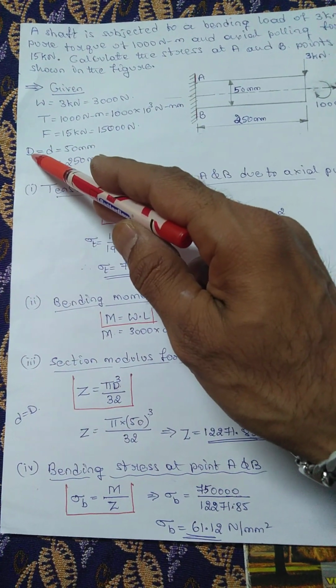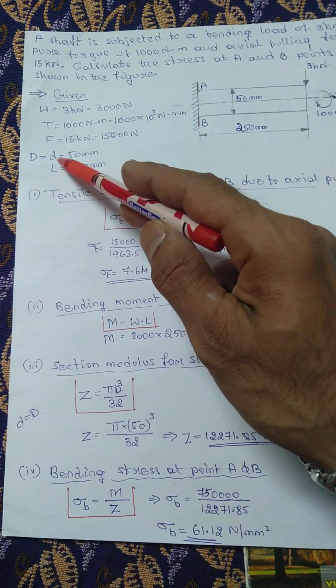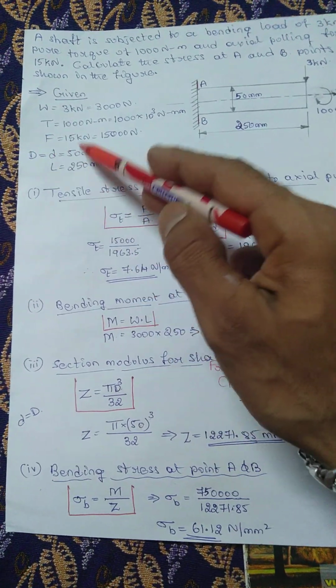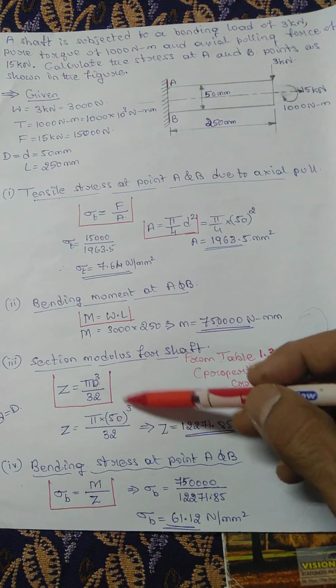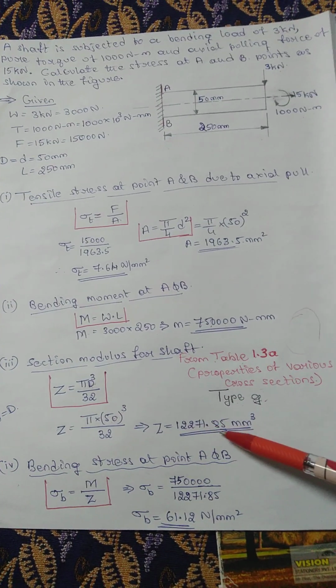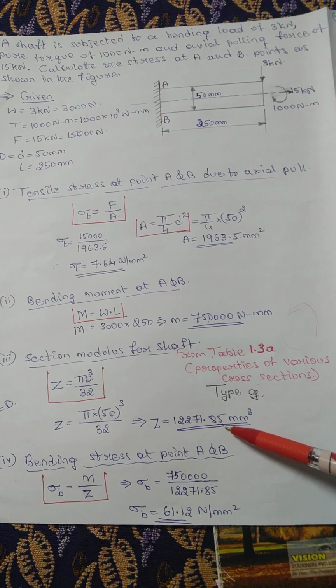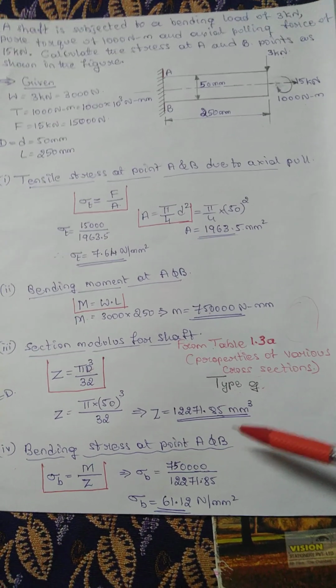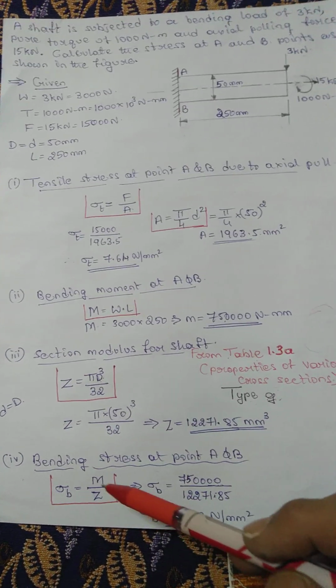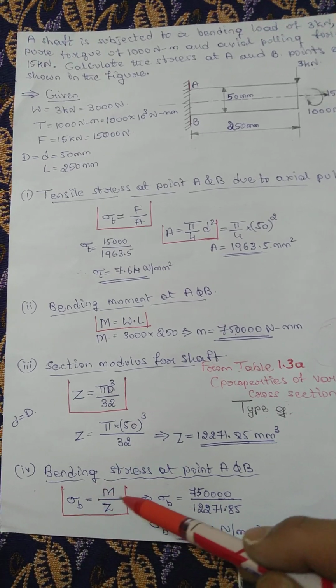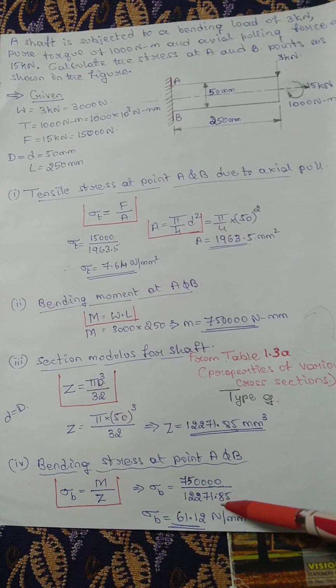They have considered capital D, but we have considered small d, or else you can replace small d by capital D itself here. So substitute and we will get Z as 12,271.85 millimeter cube.